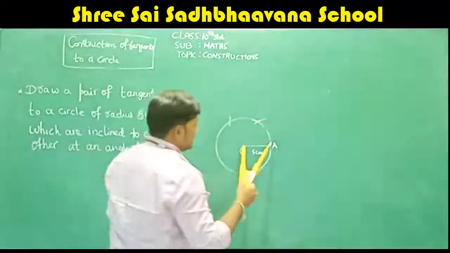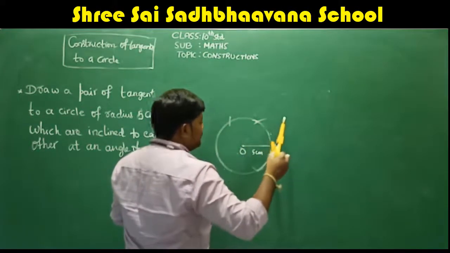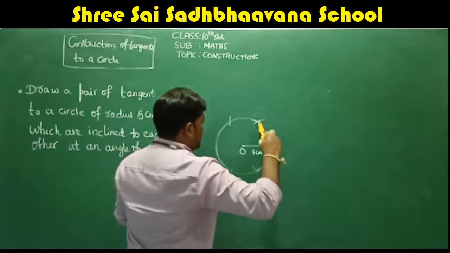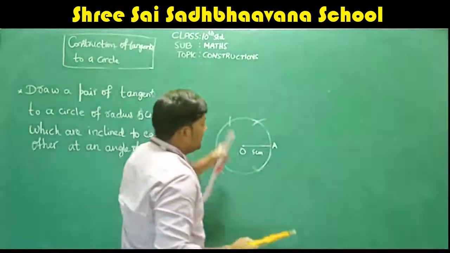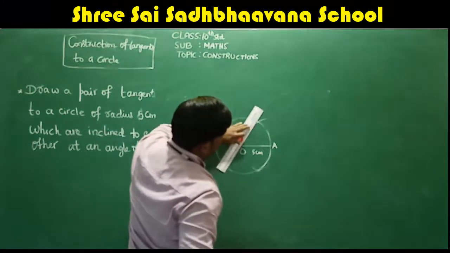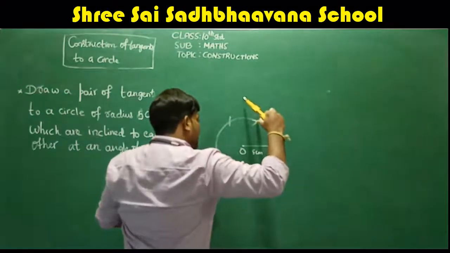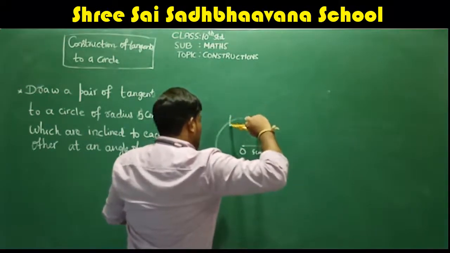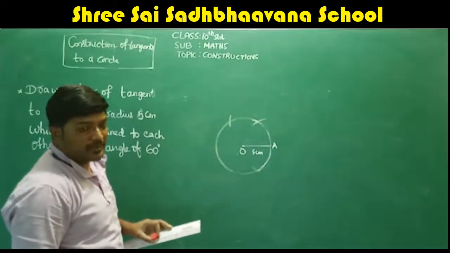I'll just repeat. Take the radius OA, and from A, cut one arc on the circle. That makes 60 degrees. From the same arc where you cut, cut one more arc on the circle itself.